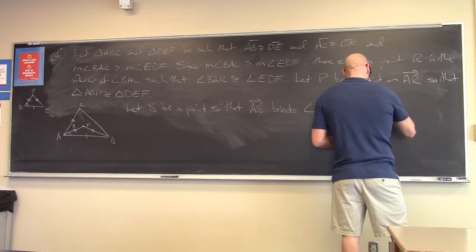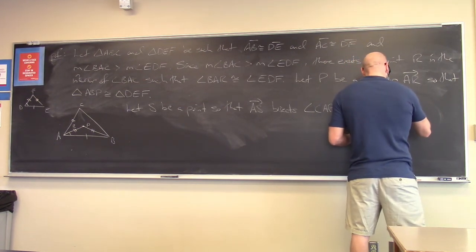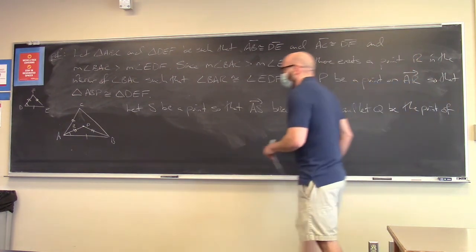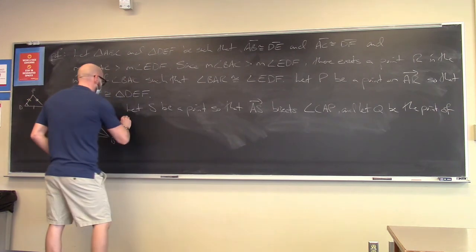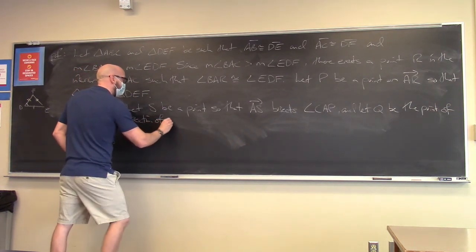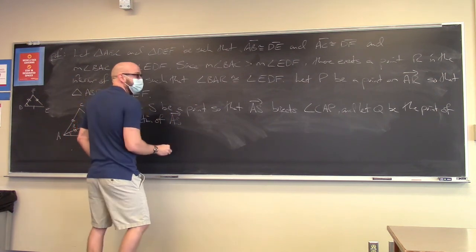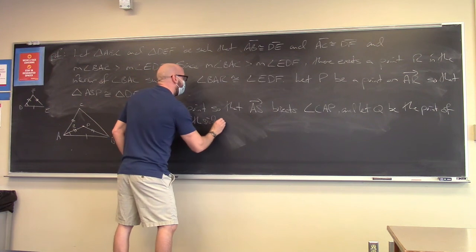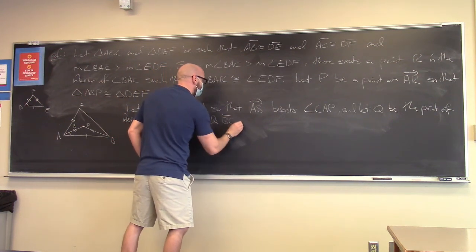Let Q be the point of intersection of this ray with side BC.